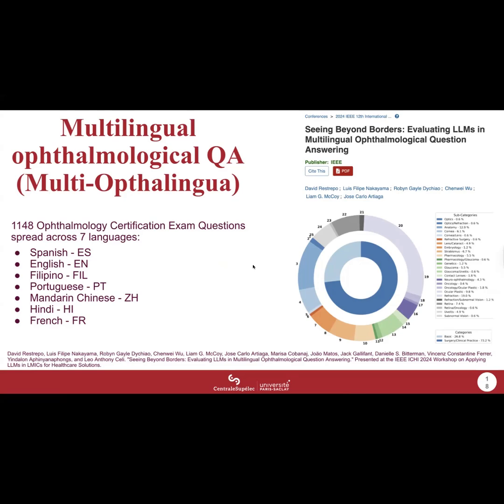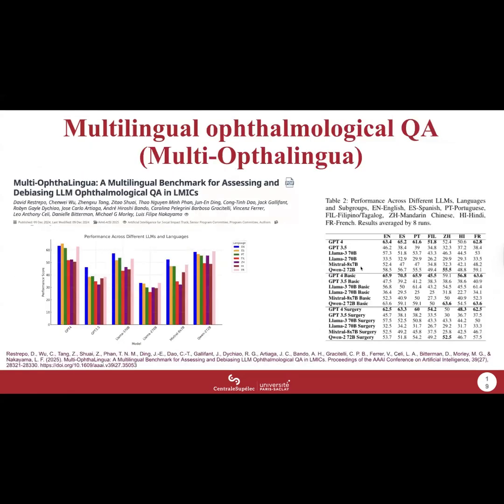And that way we end up with a multilingual ophthalmological data set with many specific categories inside of the ophthalmological field that I will not mention right now because it's huge, you can check the plot. Everything is in the paper. And we evaluated this data set. This was for AAAI last year.